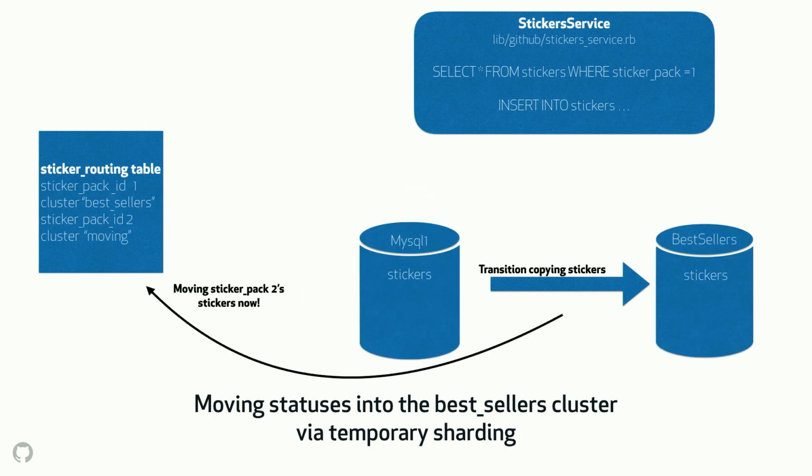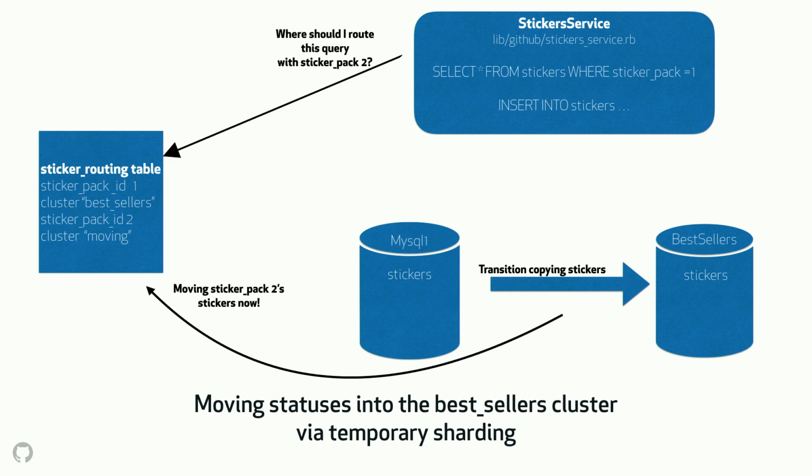And then in the case of when we're in the process of moving a sticker pack's stickers, right? So some sticker packs have 5 stickers, some sticker packs have like 5 million stickers, so it might take a long time to copy all of those records. So the transition will update the routing table to have that cluster be moving.